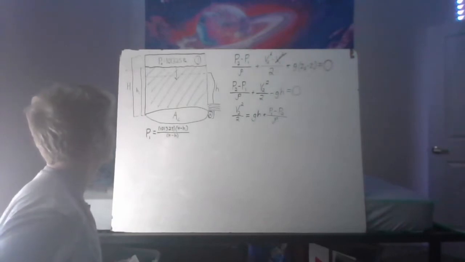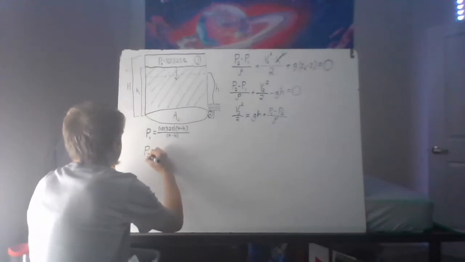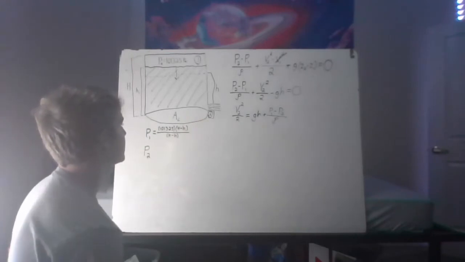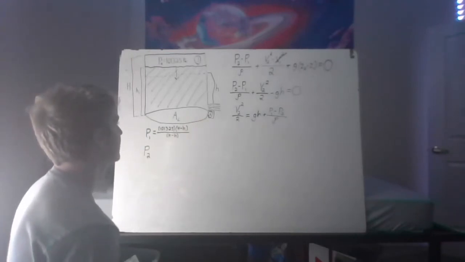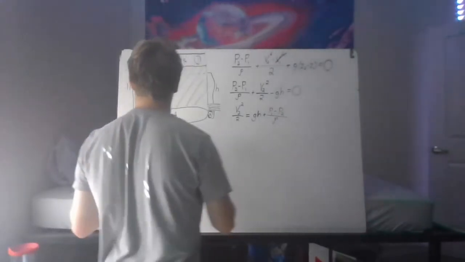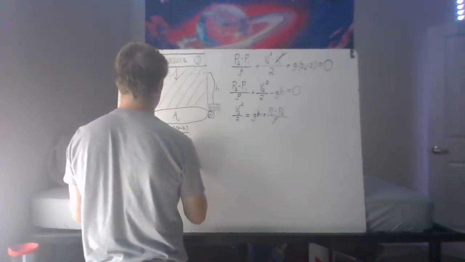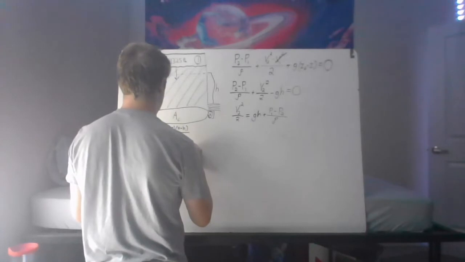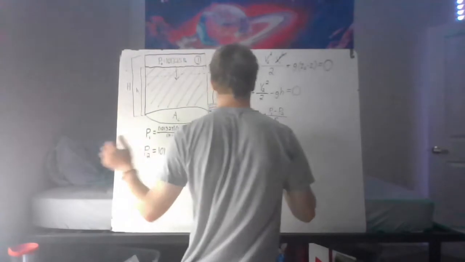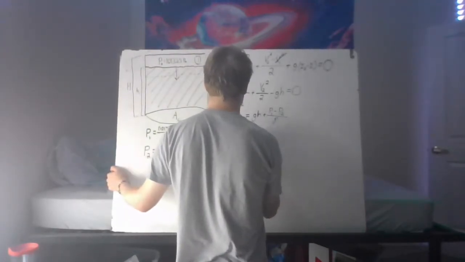We already have our P1 equation, so we just need to think about what P2 will be. Once it exits, that pressure is just atmospheric pressure, so it is 101,325 pascals. Now we can plug both of these in. Again, this left side will be the same.